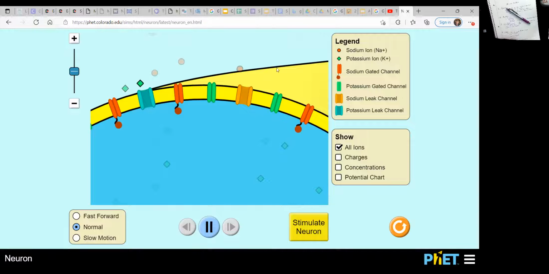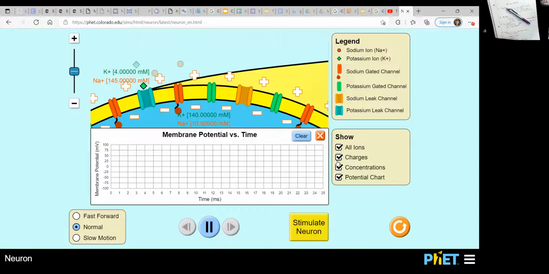And here we see the sodium, which are the red circles, and the potassium ions. Let's show the charges. So you see how the positive, more negative on the inside. You can also show the concentration, and then the potential chart as well.